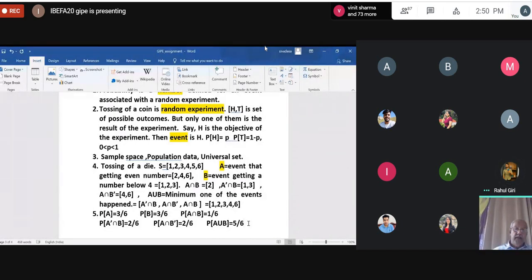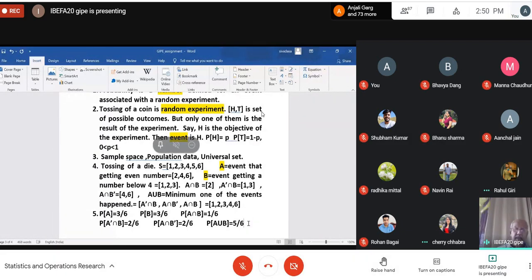Sample space. Correct. Where is it? In the numerator or denominator? Denominator. How many values in the denominator? 6. Why 6? Because the number of outcomes in the sample space. But the numerator, are they same?